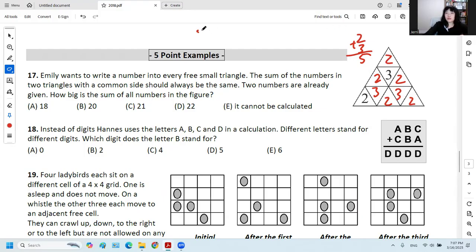So then 2 plus 3 plus 2 plus 2 plus 3 plus 3 plus 2 plus 2 plus 2 equals 21. So C is the answer.